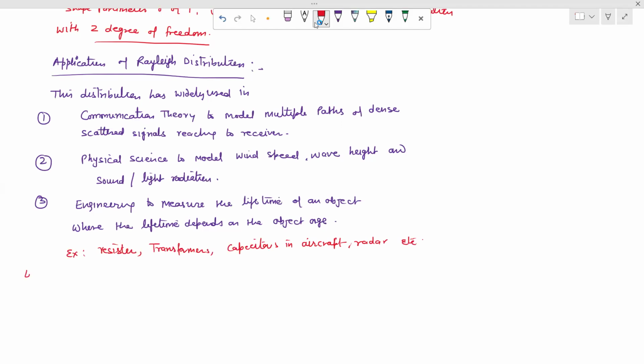So next, the fourth one. First we have communication, second physical sciences, third engineering, and fourth is medical sciences.